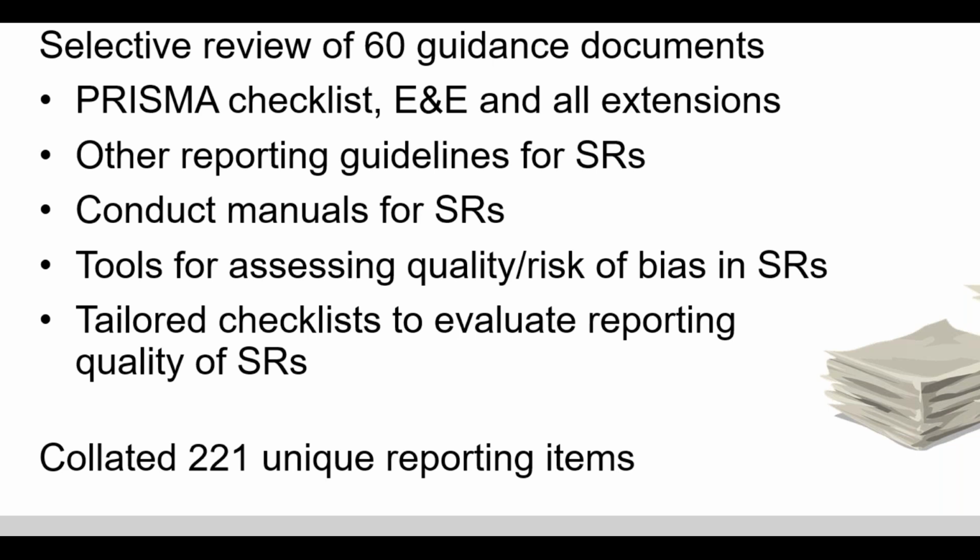We also looked at the reporting guidance in key conduct manuals for reviews, and some tools for assessing quality or risk of bias, as well as identifying some tailored checklists for evaluating reporting. And across these 60 guidance documents, we collated 221 unique reporting items.